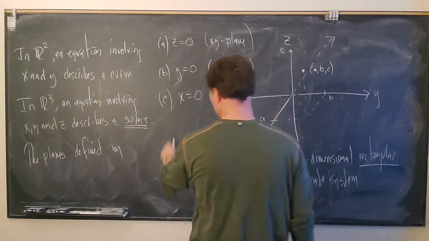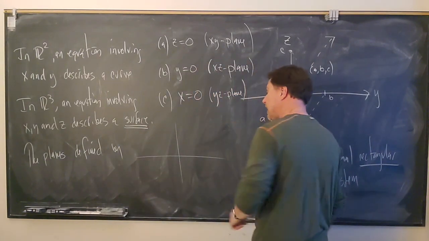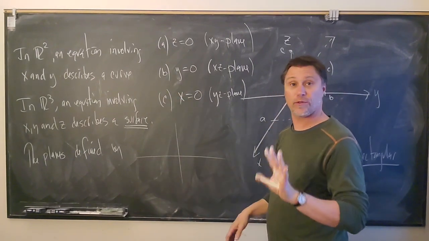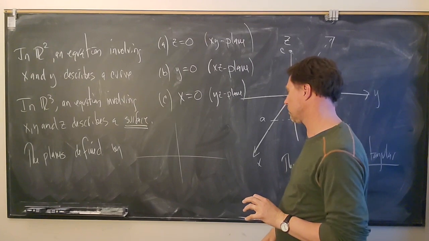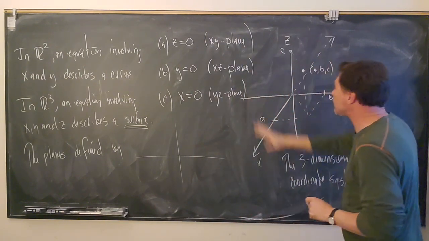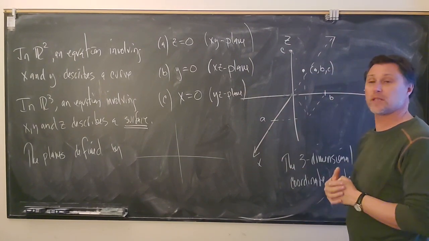Now, just as the x-axis and the y-axis divide the plane up into 4 pieces that we call quadrants, the coordinate planes chop 3-dimensional space into 8 pieces known as octants.